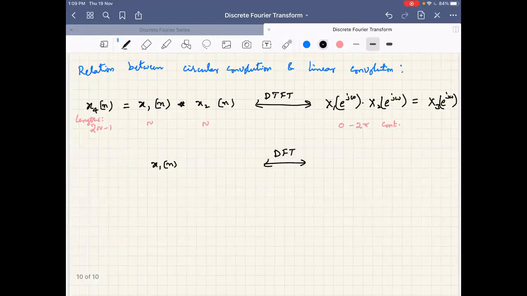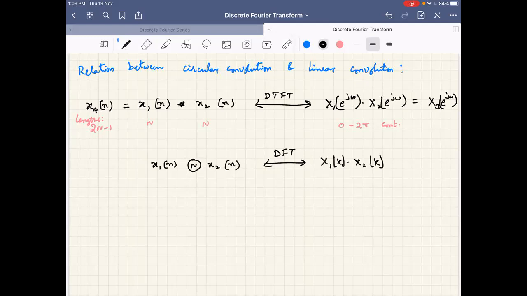If I have here x1 of k multiplied with x2 of k, both being discrete Fourier transforms, taking one period, what will happen is that instead of periodic convolution, I will put circular convolution. That is the discrete Fourier transform.